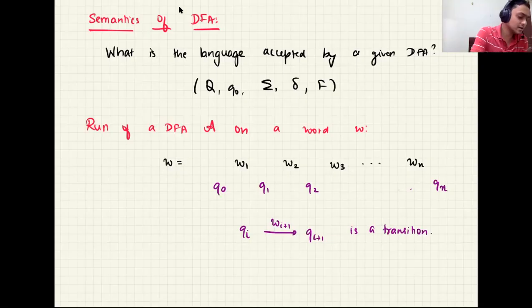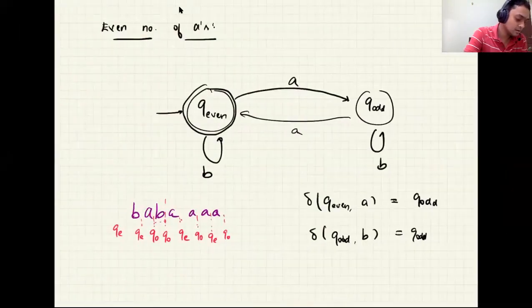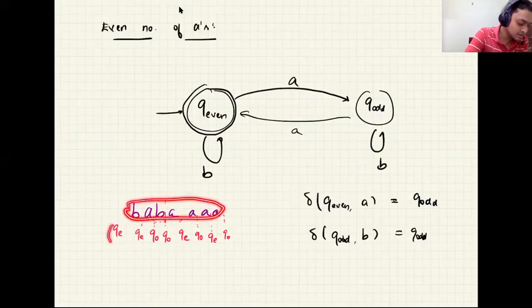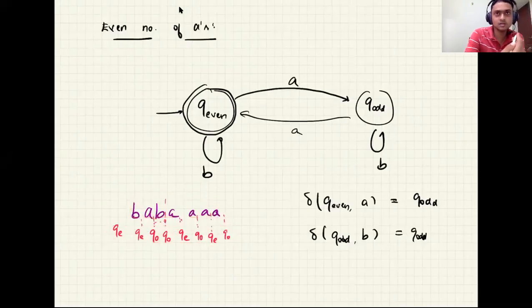So this is the word, and this is the run of this DFA on this word. The intuitive meaning is: when you read the word, what are the intermediate states that you encounter?